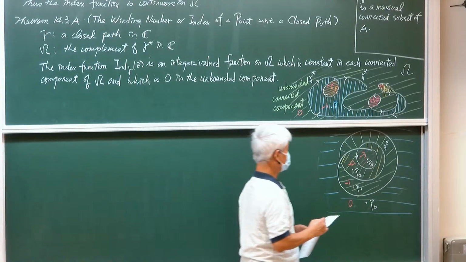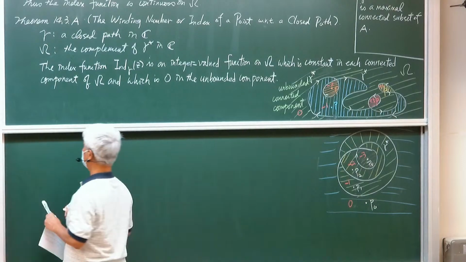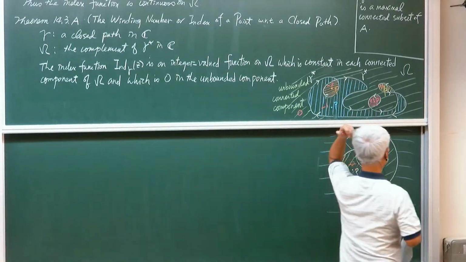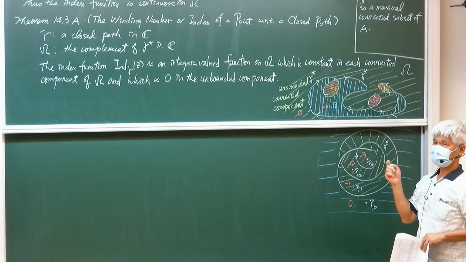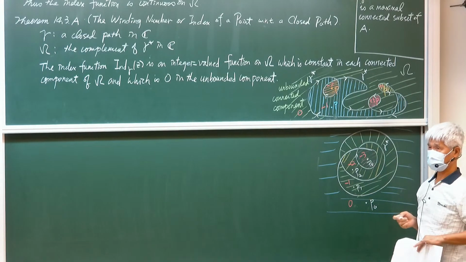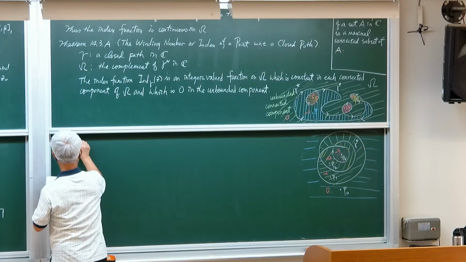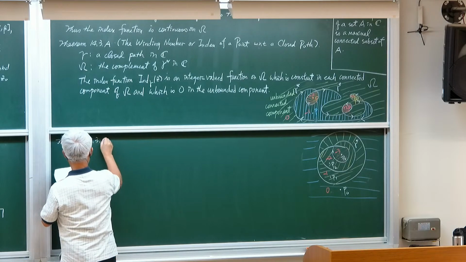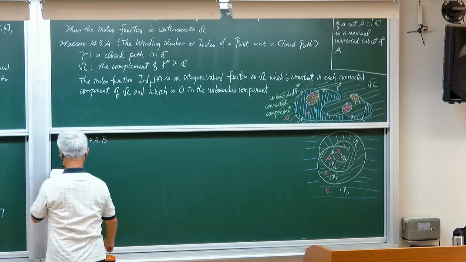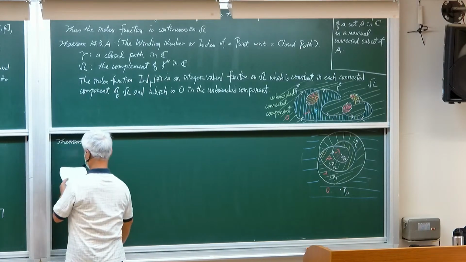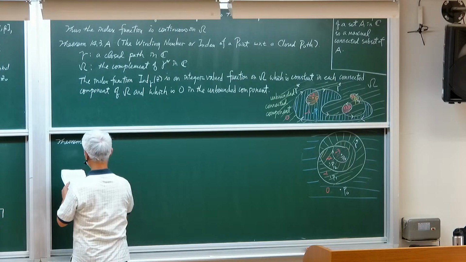So now next we will provide a technical theorem, which makes it much easier for us to identify the winding number in a connected component. So let's see the theorem here.